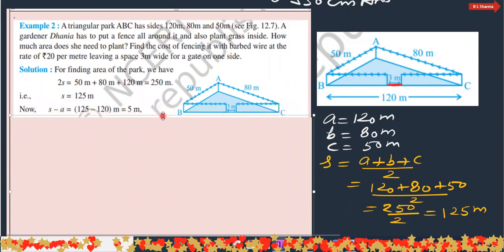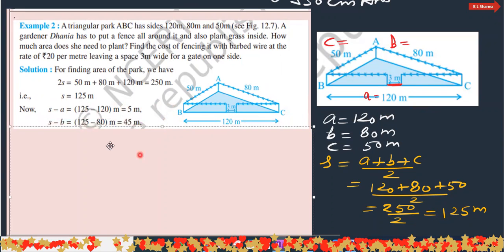Then for Heron's formula, first we need s minus a. S is 125, and you can consider here letter A. A is 120 meter. The other side B is 80 meter, and the third side C is 50 meter. So s minus a, s is 125 and a is 120, so s minus a is 5 meter.